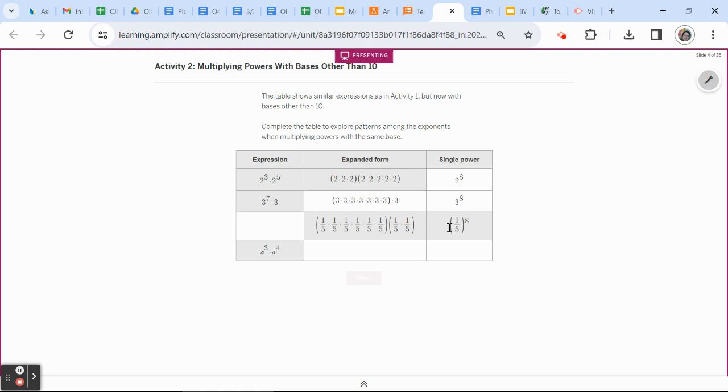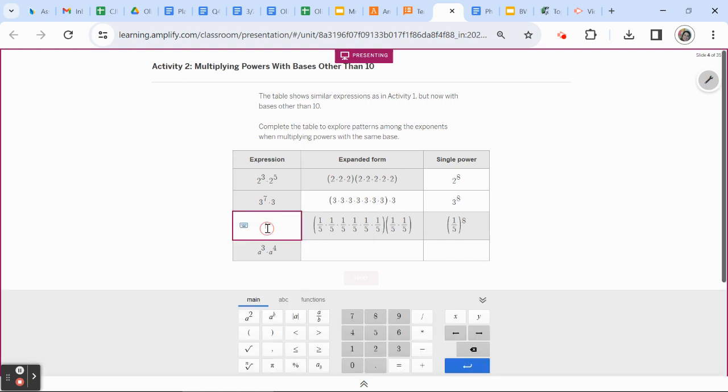Now here they want us to go backwards. So we have 2 things we're doing here. We have a fraction of 1/5. That's our base, and we have it twice. The first time we have it 1, 2, 3, 4, 5, 6 times, so our exponent is 6.